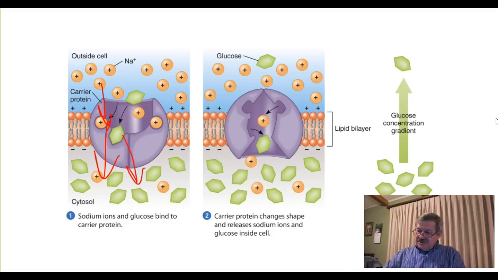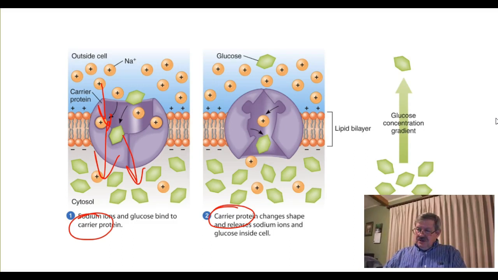Also, going back to what we talked about, carrier proteins and channel proteins. Channel proteins are the ones that just act like an open pipe. Carrier proteins are the ones that bond with the material that they're transporting, change their shape, and carry the substance across the membrane.